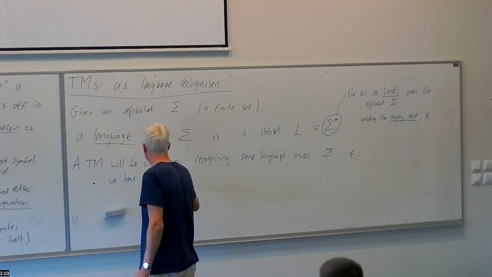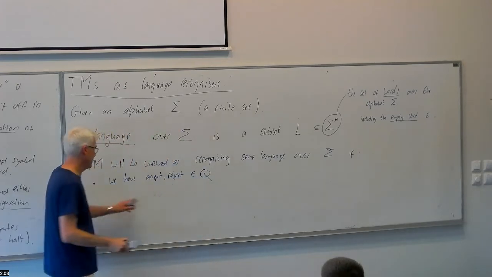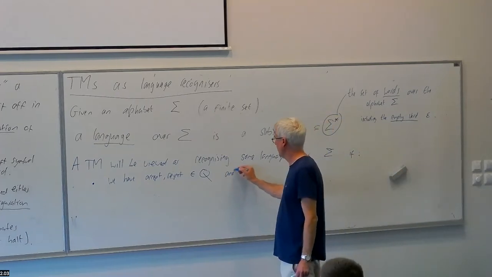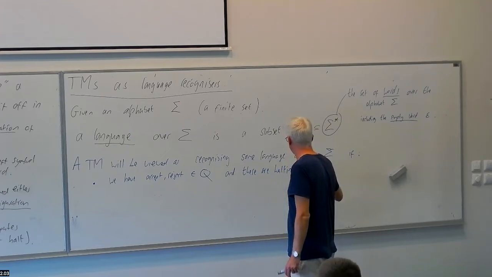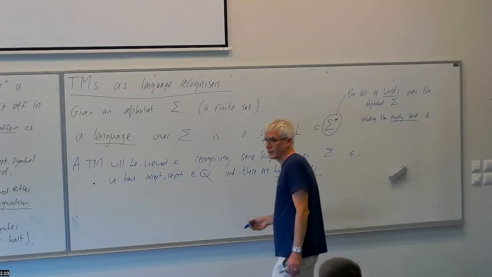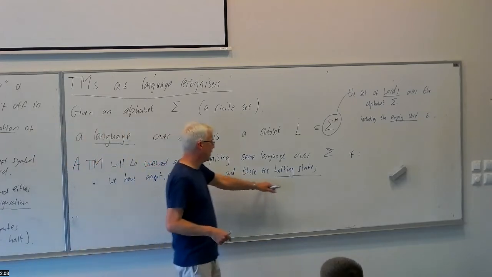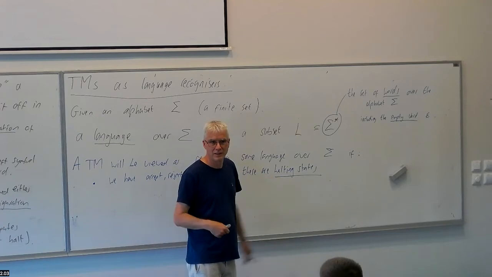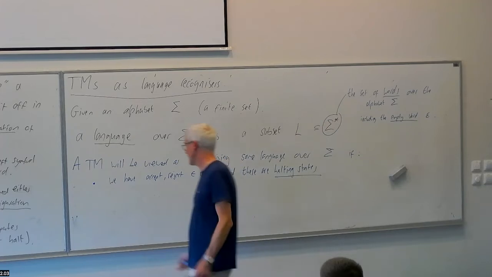We have accept and reject states, as we did, and these two states are halting states. I didn't define it mathematically, and it's not worth spending time on the definition. It's in the notes, but the idea is very simple. A halting state is a state for which there are no possible transitions out from that state. So when the Turing machine gets into that state, it can never get out of it. It halts.